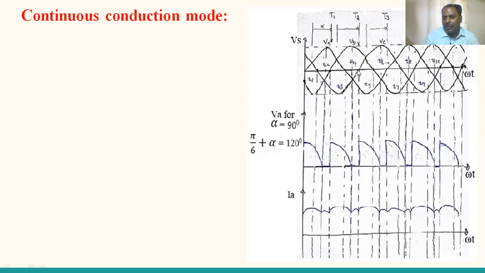Phase C is going to be off, and the phase A supply voltage is reverse at this particular instant. Supply voltage being reverse means thyristor T1 automatically turns off, so that no thyristor is in active condition.